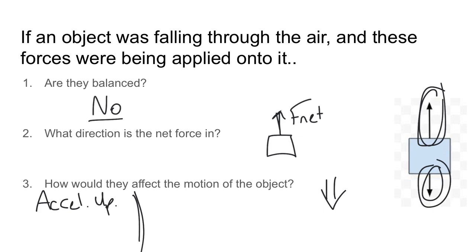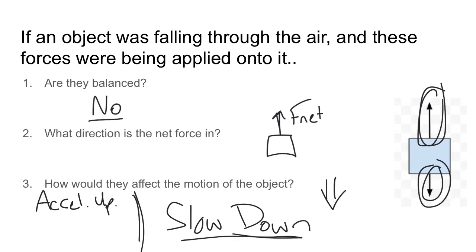But since this object is already falling down, and we have a net force acting upwards, this object is going to slow down, but it is going to keep moving downwards, because there's a net force acting upwards and it's already moving downwards. And so that's how these forces would affect the motion of this object.